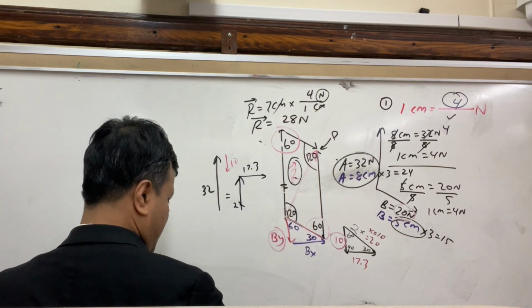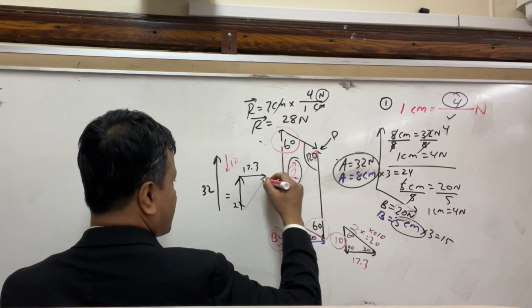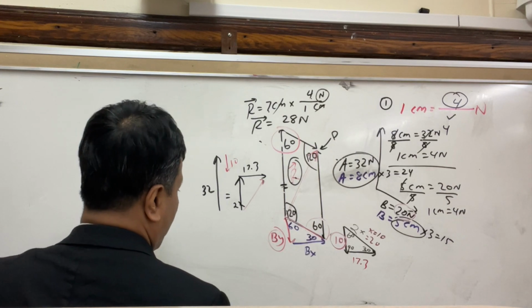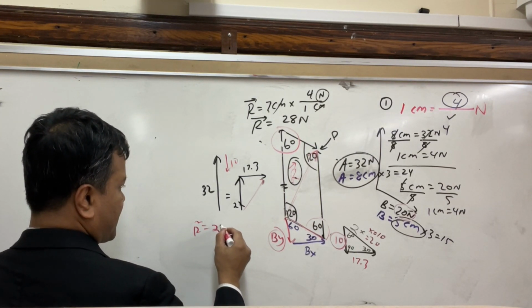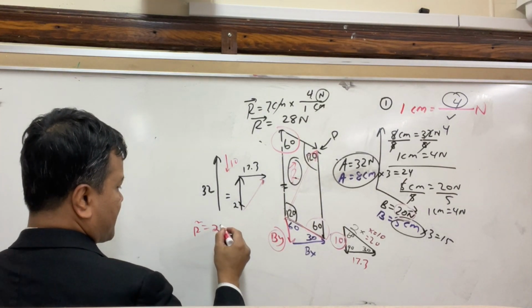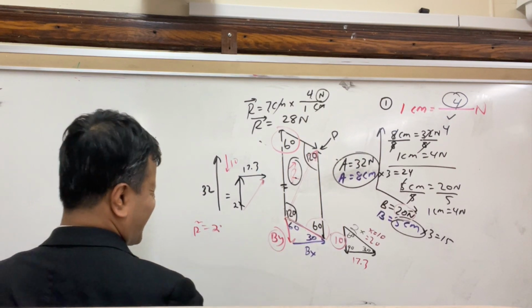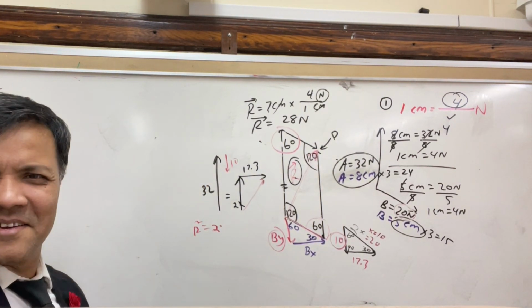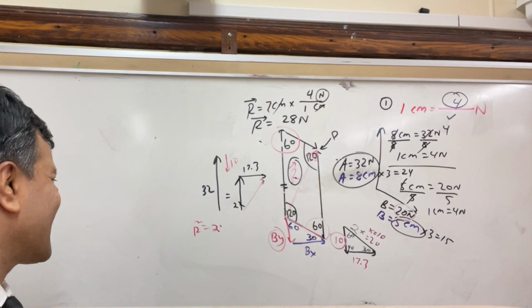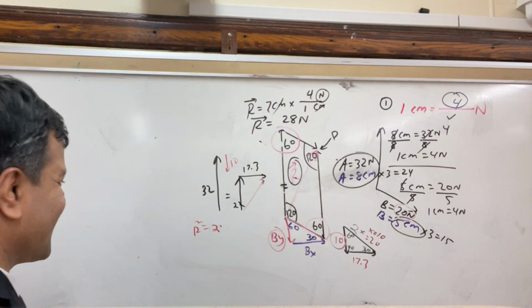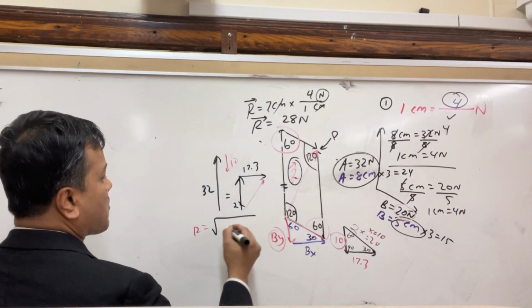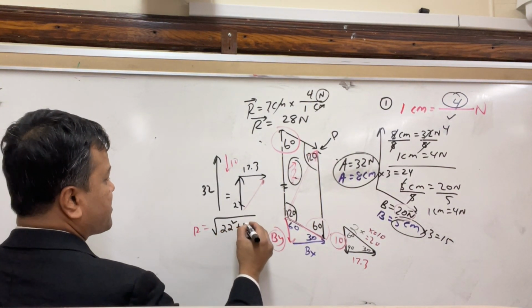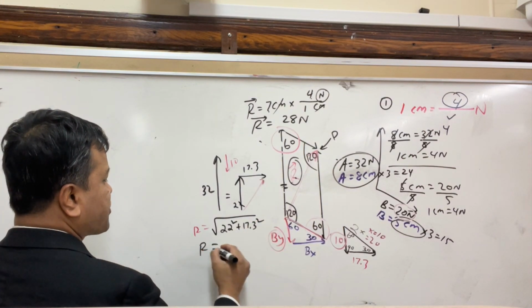Now you have to find the R, which is very easy. So R squared is 22 squared plus 17.3 squared, and that is 28 Newtons.